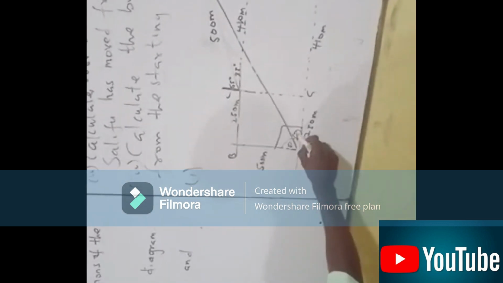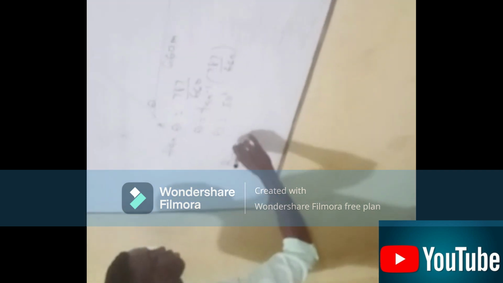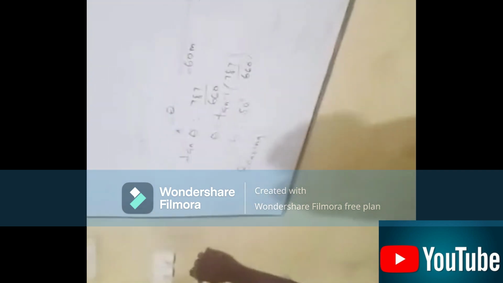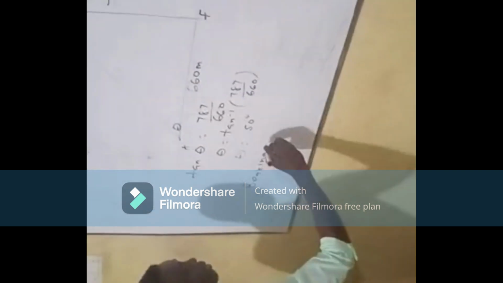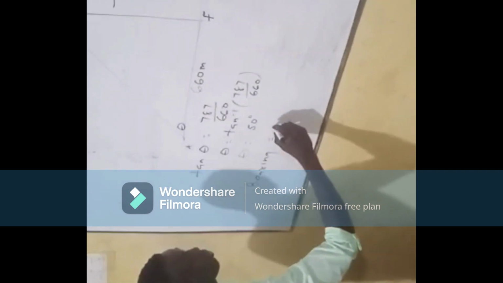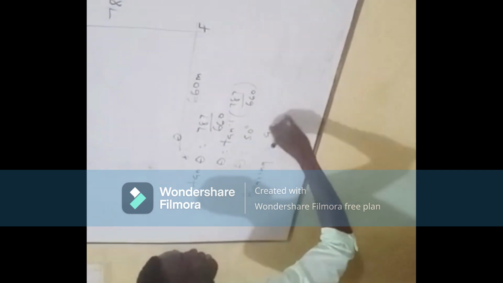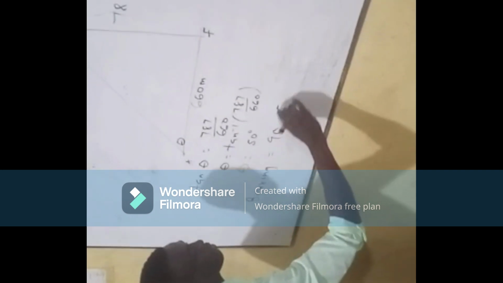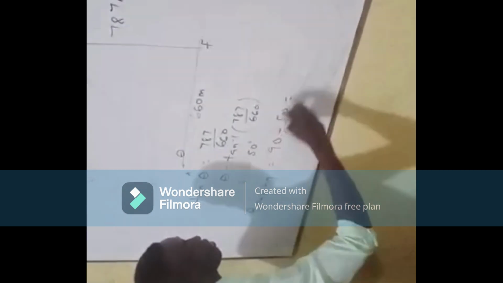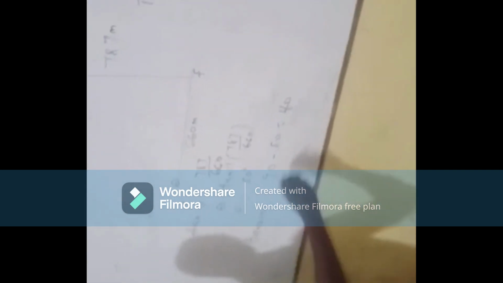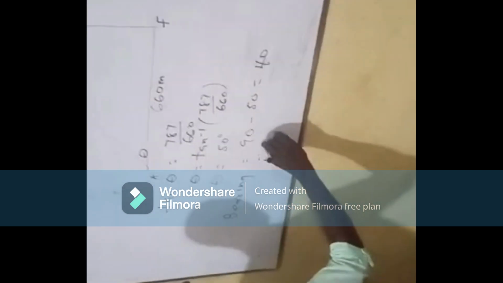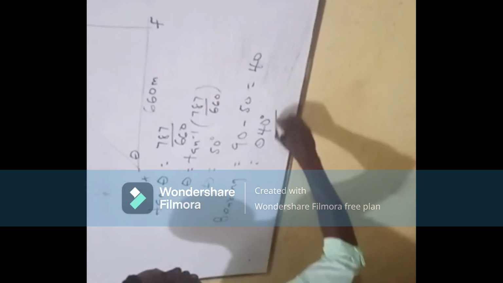If the whole part is 90 and we have solved for 50, then the bearing will be equal to 90 minus 50, which is going to give us 40. But we said that for bearing, we don't write in this form. It has to be a 3-figure bearing, so you record it in this way.